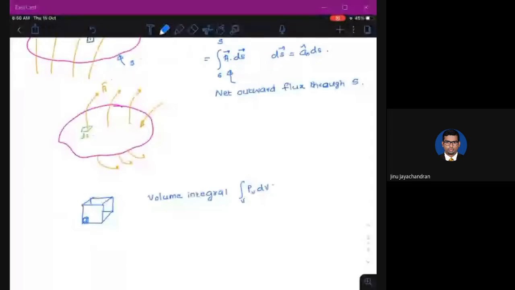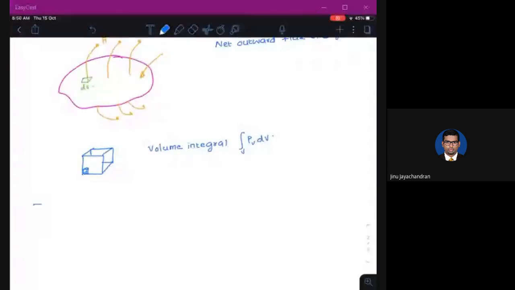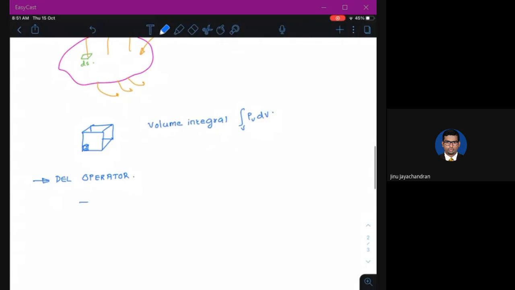Fine. Now let's go to the del operator. I told all these surface and line integrals because they will come in one of the theorems, so that you can understand when I state the theorem. Del operator is denoted by this sign, inverted triangle.